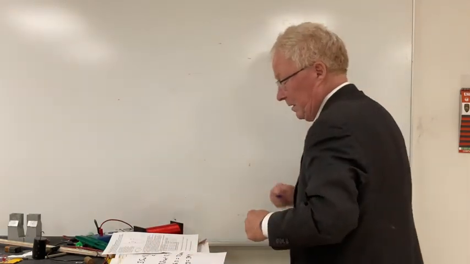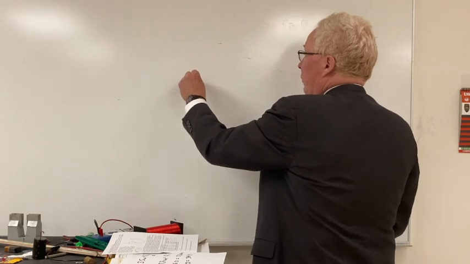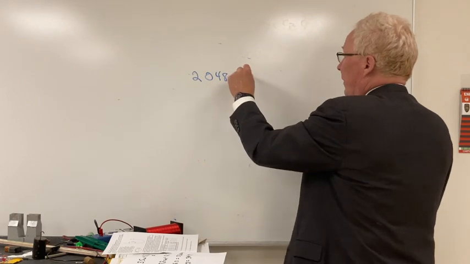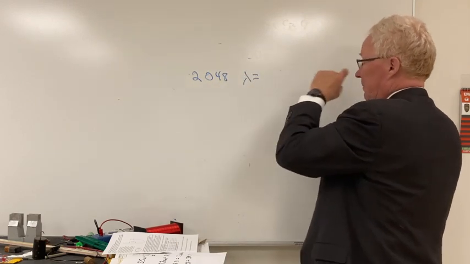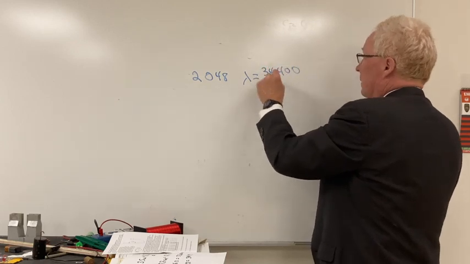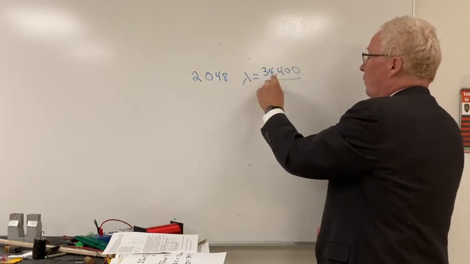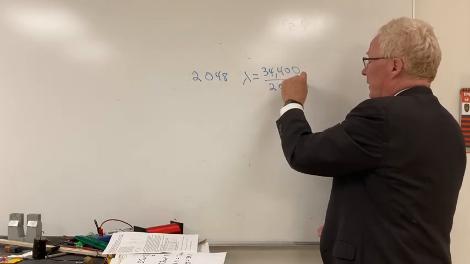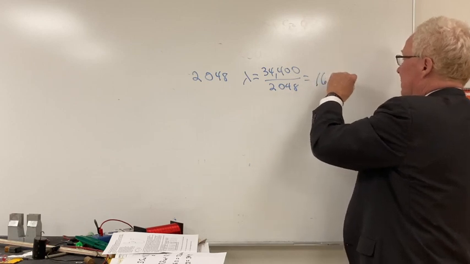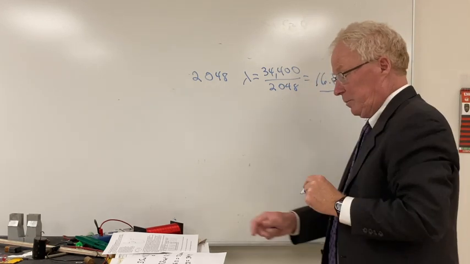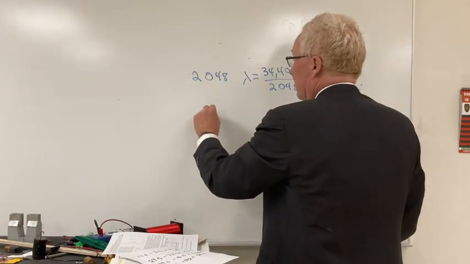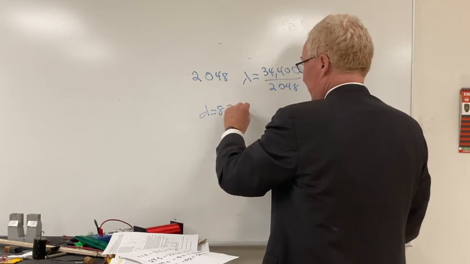For the 2048, I went through this before, wavelength is 34,440 over 2048, so we end up with 16.8 centimeters, right? Now our experimental D for that was 8.3 centimeters.